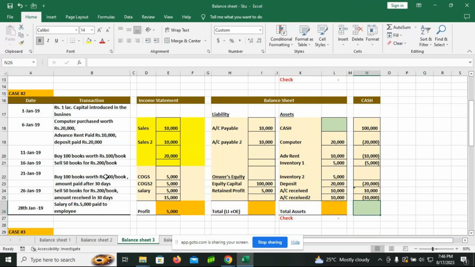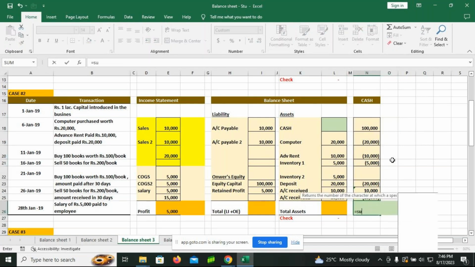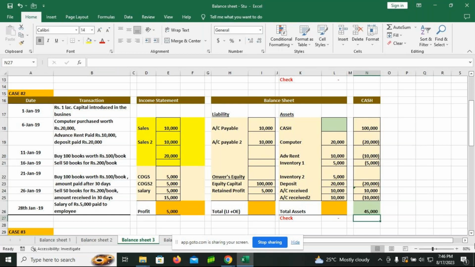Okay. So now here alt equals sum of, so it is 45,000. So now after all the expenses, the cash that is left with me is 45,000.